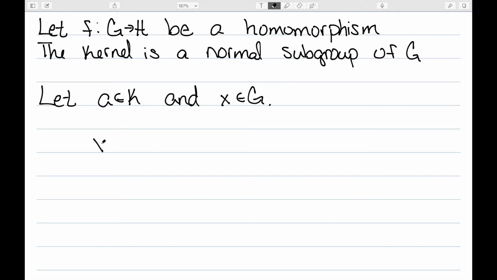So I need to look at XA X inverse, and I need to show this is also in the kernel. So we're going to have f of XA X inverse. Using the property of a homomorphism, this is f of X, f of A, f of X inverse.